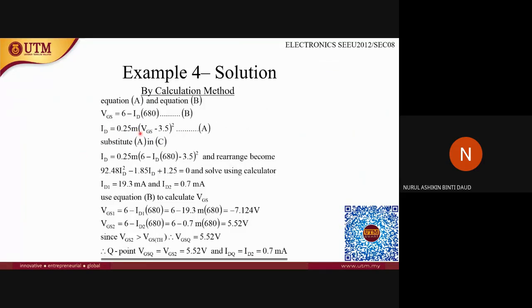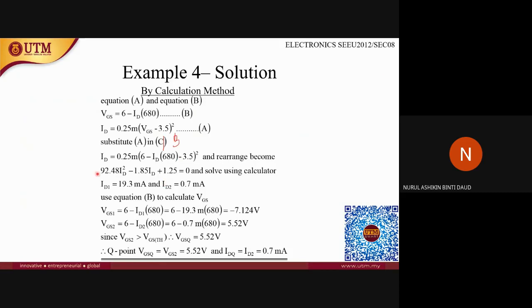So this comes here, and once you have these two equations, by not plotting the graph, what you need to do is substitute A in B. This is B. Okay, substitute A in B.